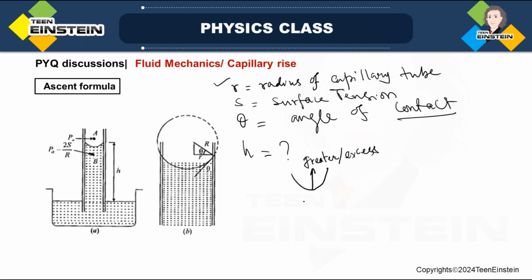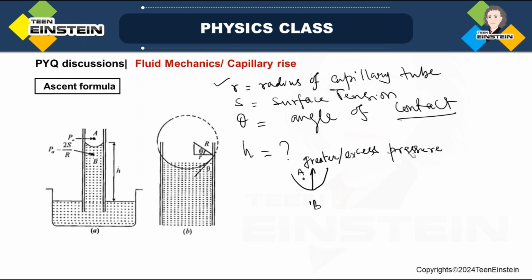This is called excess pressure compared to this point. If I say this is point A and this is point B, then at point A there will always be an excess pressure, so that this curved surface is maintained. There will always be an excess pressure towards the concave side.